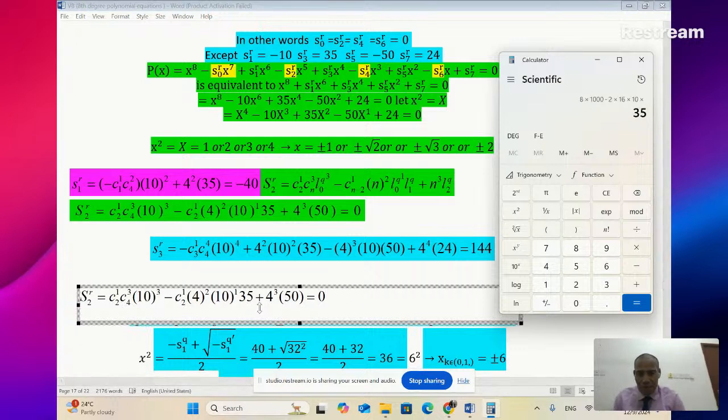Then plus 4 raised to the power 3 multiplied by 50. So this one, my kids, in fact, is going to be equal to 0. Therefore, S2, in fact, is equal to 0.